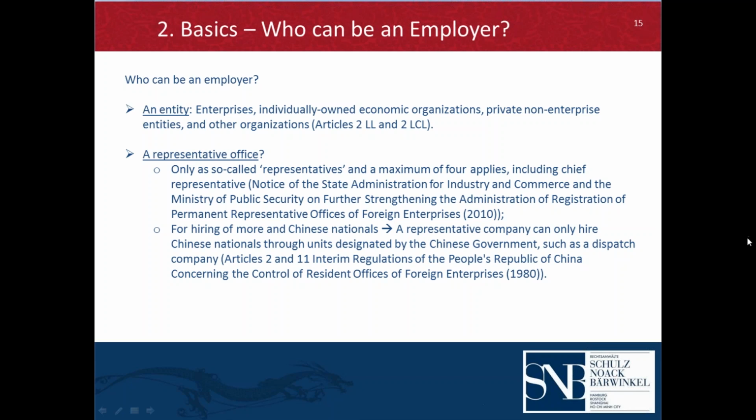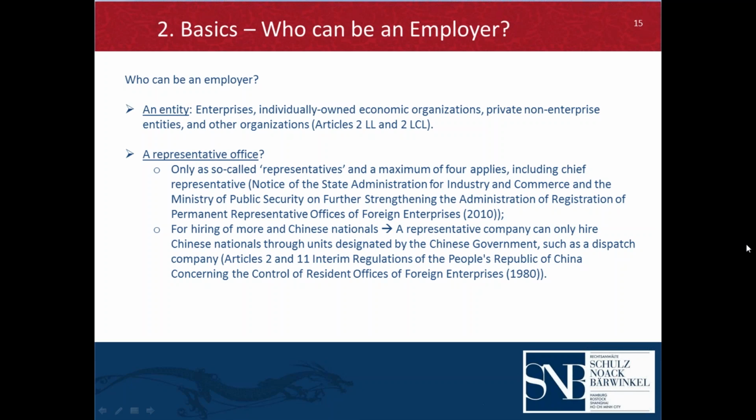What about a representative office? Probably you already know, a representative office is not a legal person according to Chinese law, and it is not allowed that a representative office employs Chinese employees. If you want to engage Chinese employees, then you have to go through a Chinese labor service company.